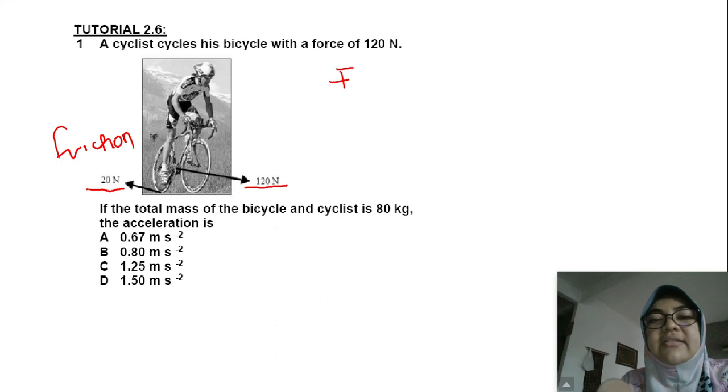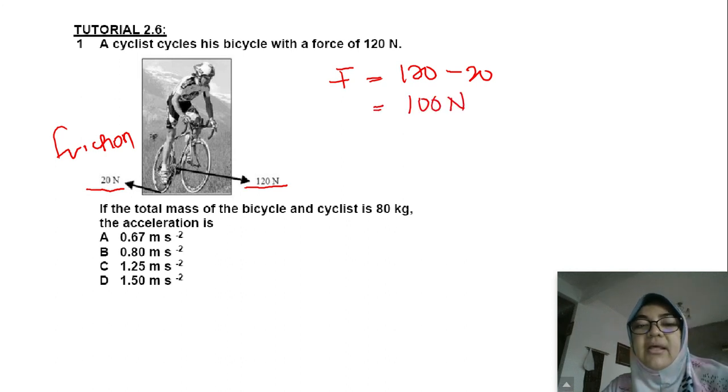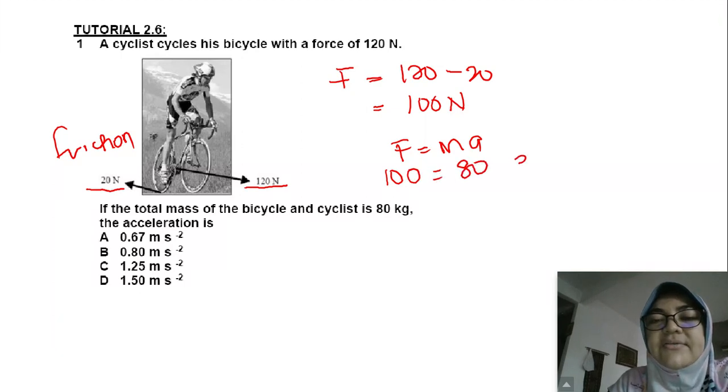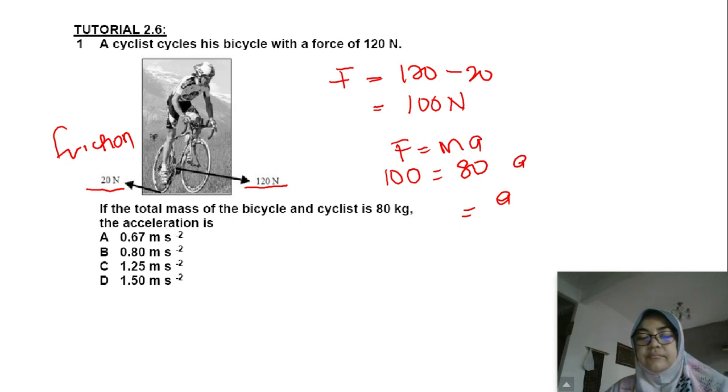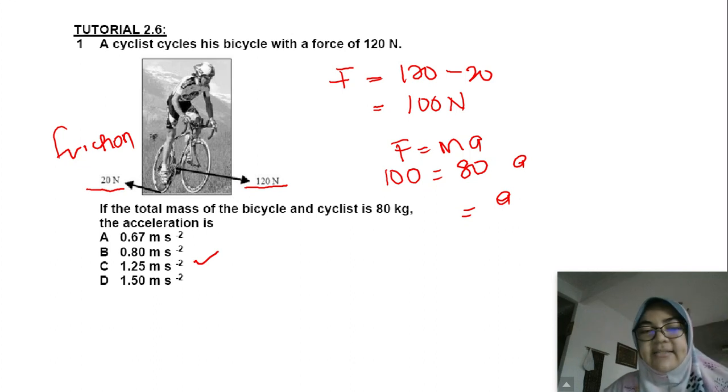So the total force is 120 Newton minus 20 Newton friction, which is 100. By using F equals to ma, force 100, m is 80, so a is 100 divided by 80, 1.25. So the answer is C.